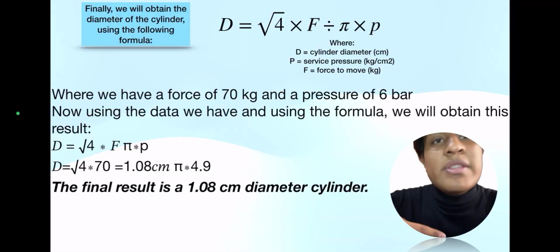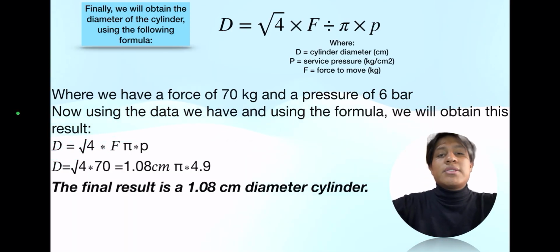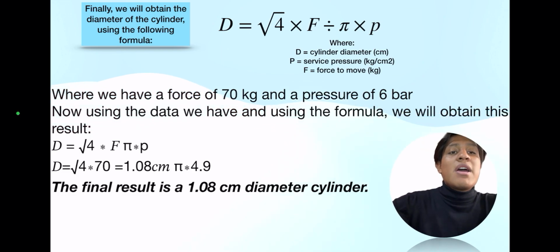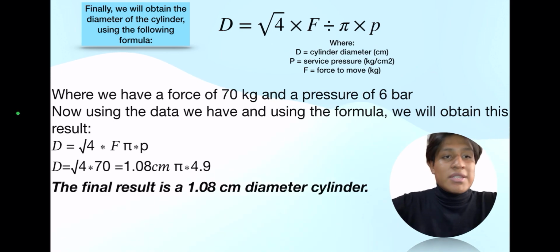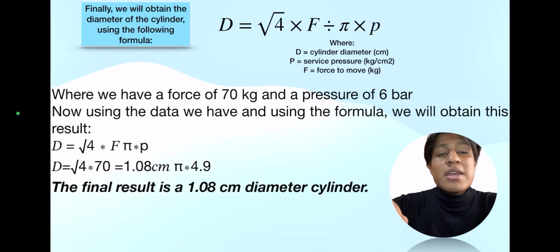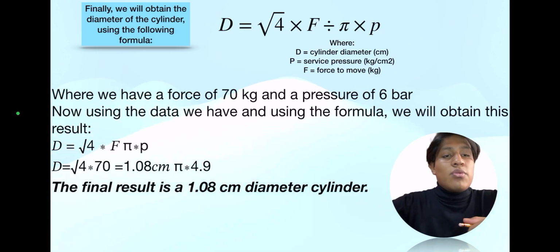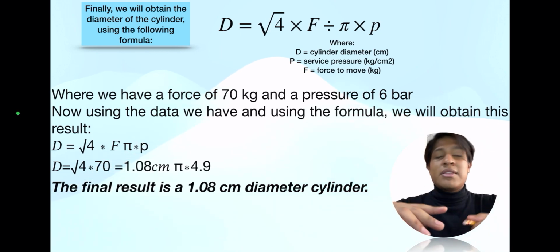Do you remember the 70? So we have to use this, where we have a force of 70 kilograms, and a pressure of 6 bars. Now using this data, we are going to do the calculation. So this is the result. The final result is 5.008 diameter cylinder, and that's all.